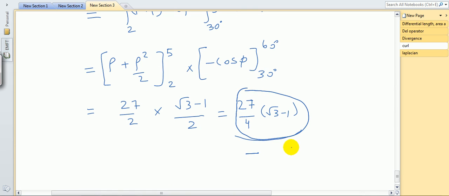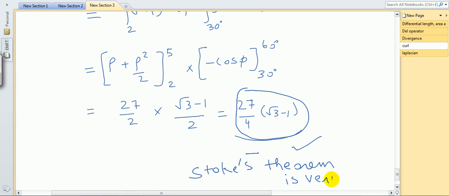So both are same, hence the Stokes theorem is verified here, because both the answers are same.